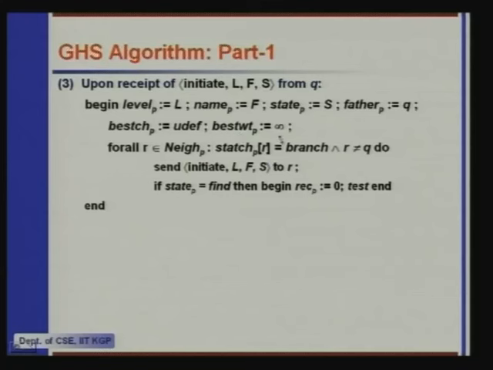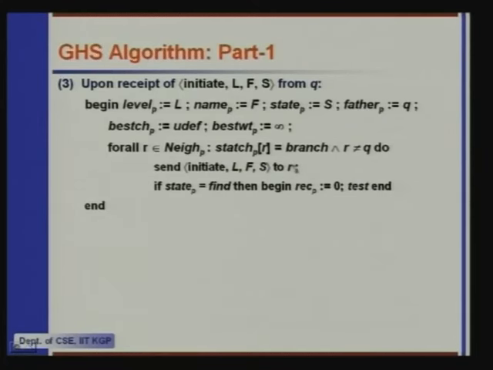The best weight of P will become infinity, and for all R belonging to neighbors of P such that the status of this is branch, which means along the tree. So, these are the tree edges, the edges for which the status is branch. So, along the tree edges except the one from which it got the initiate message, that is Q, we will send an initiate message to R. So, what does this mean?